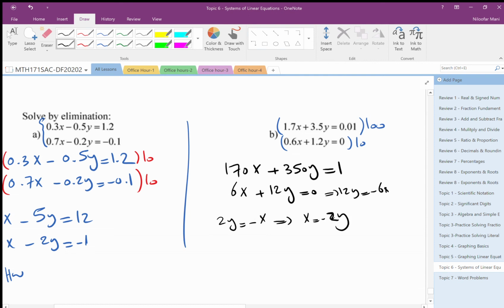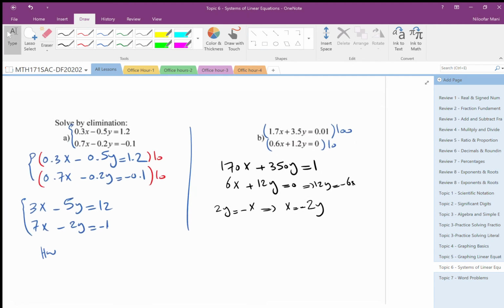Then I just have to substitute in the first one and find y, and then I come back here and find x. Okay, so the rest can be just homework.